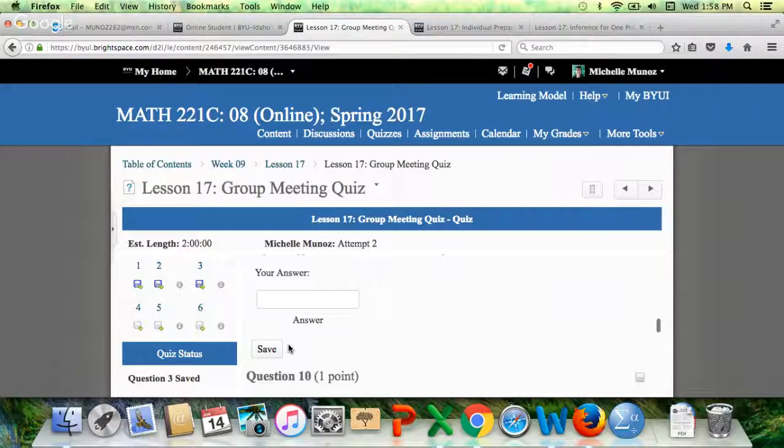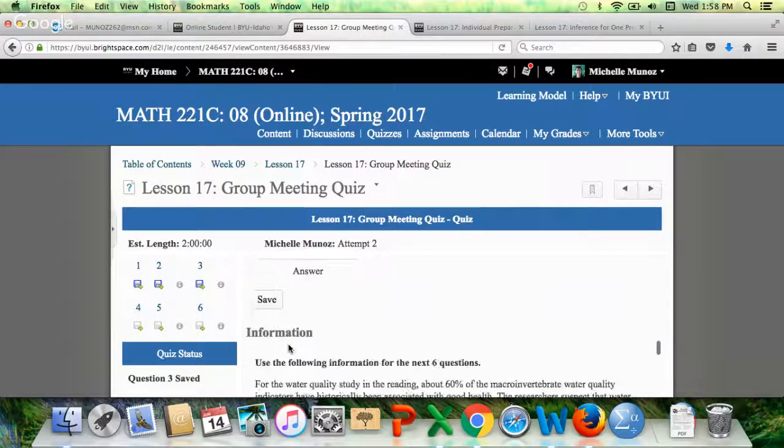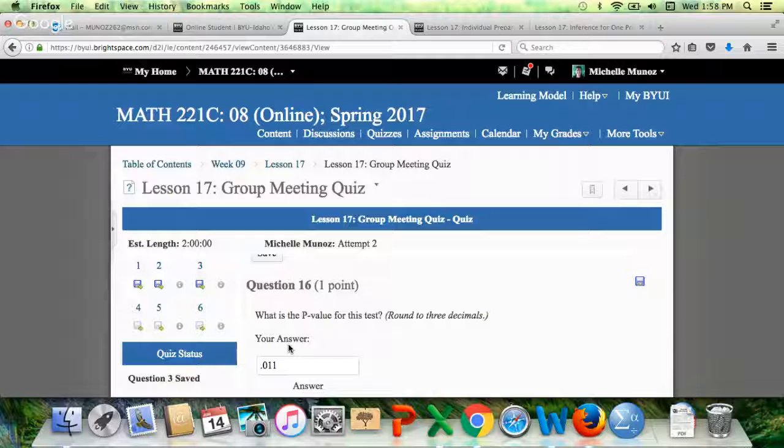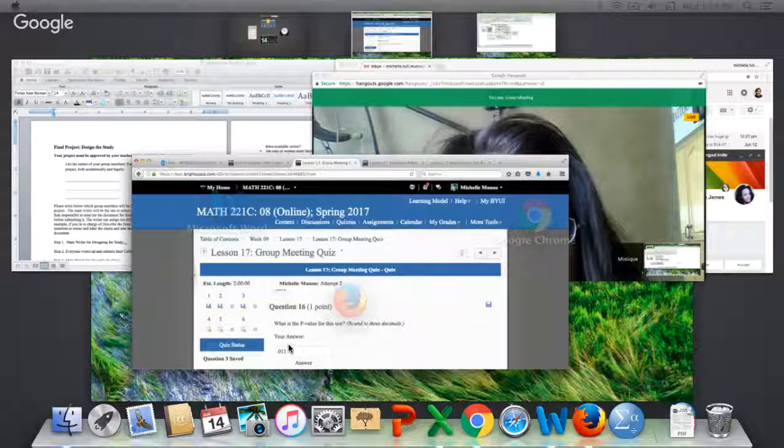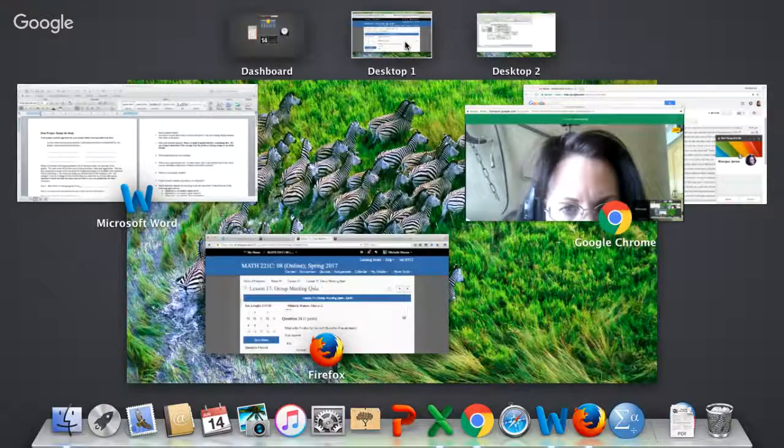Okay, so when you put that in, you get those two at the negative 2.282. And then what do you get for number 16? What's the question there? Number 16 says, what is the p-value for this test? So when I looked at my analysis right there, it says p-value 0.011.